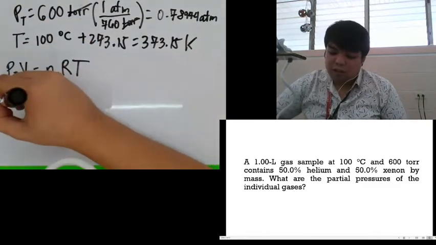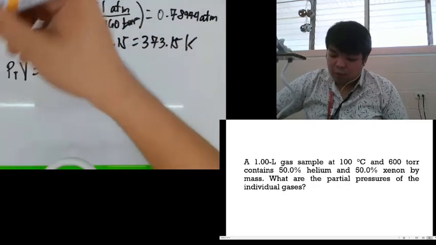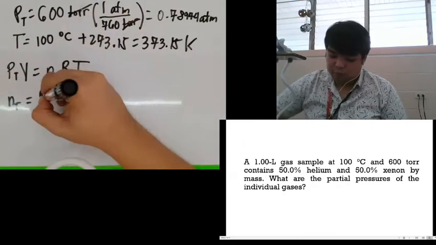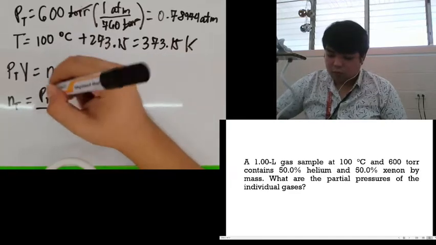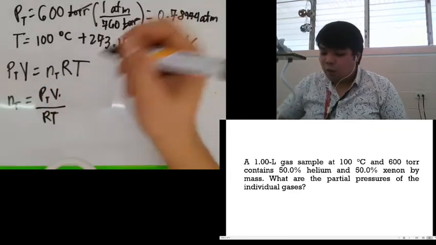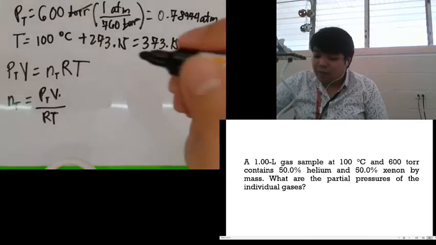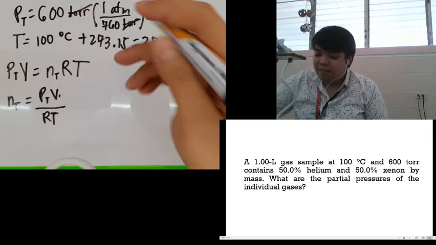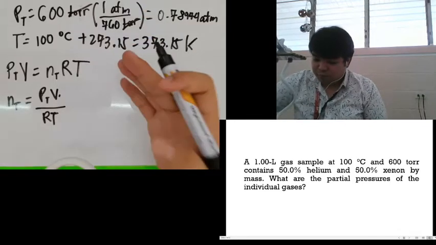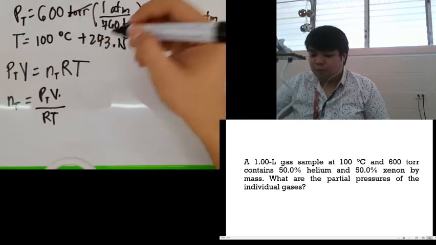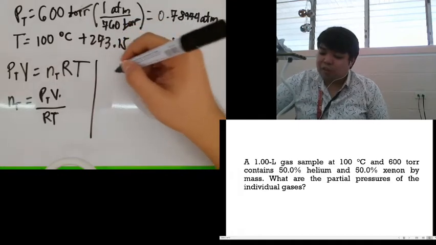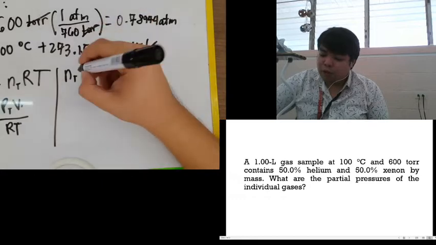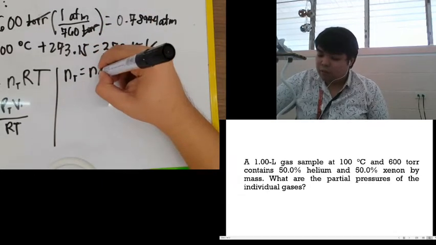So rearranging the ideal gas equation, we get this one. And we know that the mixture is composed of helium and xenon. So that means the total number of moles of the gas mixture is equal to the sum of the number of moles of helium and xenon.